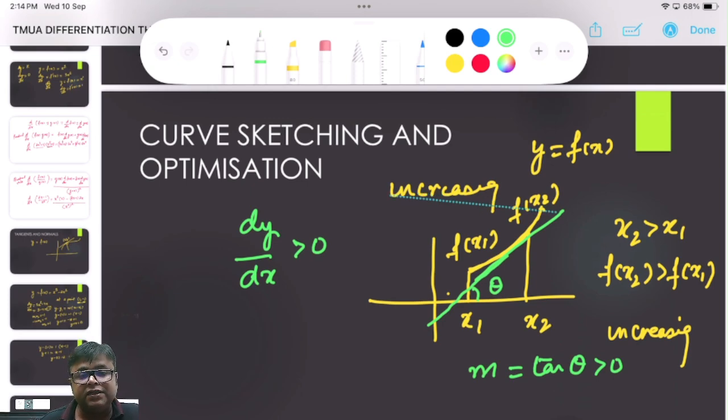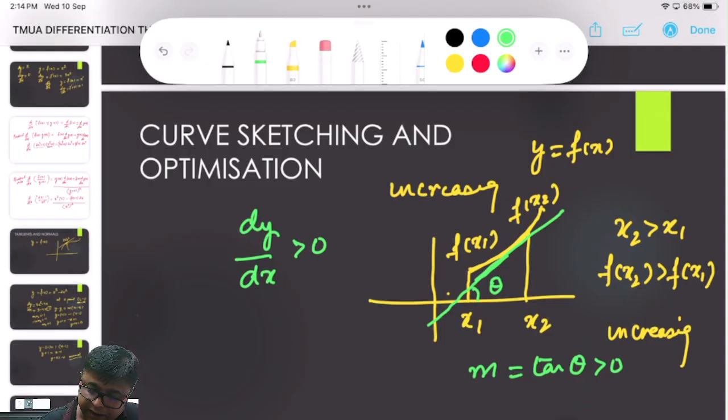This is how we can associate it with differentiation. In such problems, the equation of the curve will be given to you. So rather than checking x1, x2, and which is greater, which is a very time consuming process, the easiest way of finding the interval where the curve is increasing is just to differentiate the function and see wherever the derivative is greater than 0, it will be increasing.